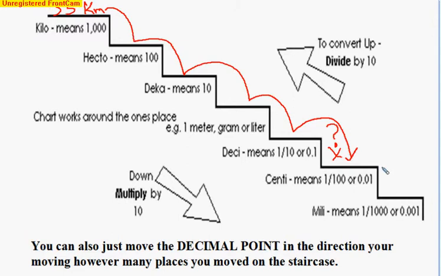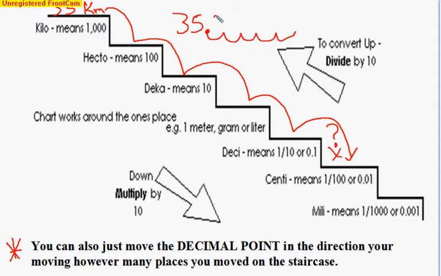The other thing I can do, which makes this nice with the metric system without even needing a calculator, is if we recall this down here again, we just simply move the decimal point that direction, however many spaces I moved. I went down 5 staircases. So if I put in my imaginary decimal place, I'm just going to move it 5 places. 1, 2, 3, 4, 5.